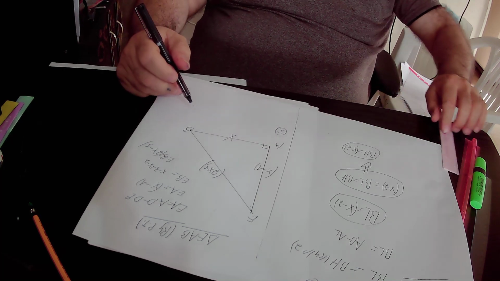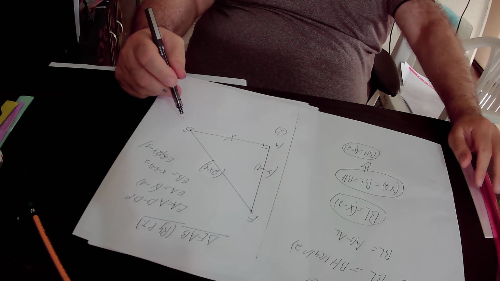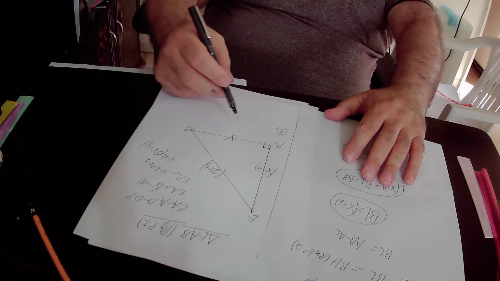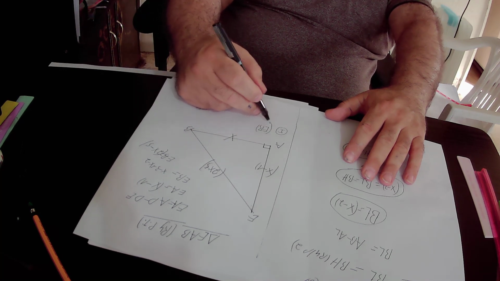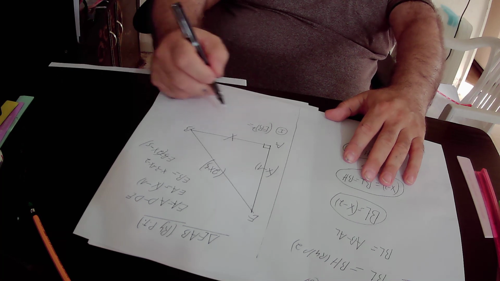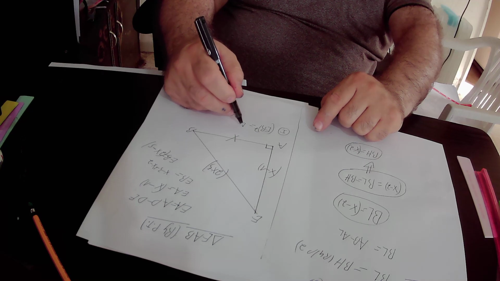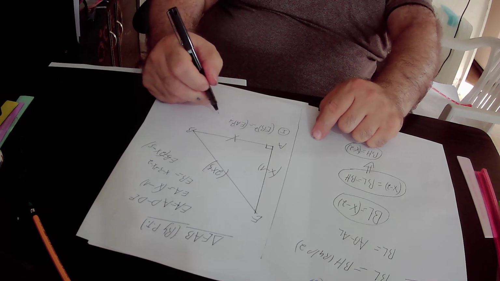According to the Pythagoras theorem, the square of the hypotenuse equals the sum of the squares of the perpendiculars. The hypotenuse is EB, so EB squared must be equal to EA squared plus AB squared.